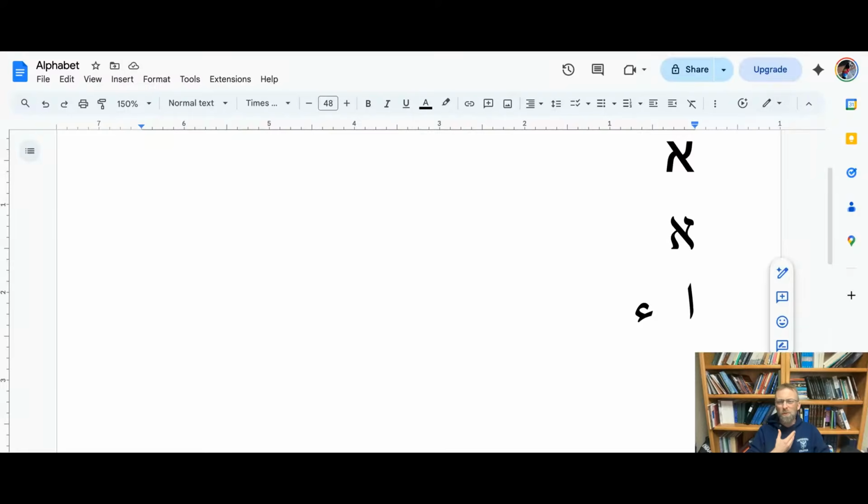First of all, when we say glottal, we're talking about the throat. I'm going to take this off screen share for a minute, just so you can see better. If you're trying to pronounce these, put your hand lightly on your throat. Be deliberate in how you say it.